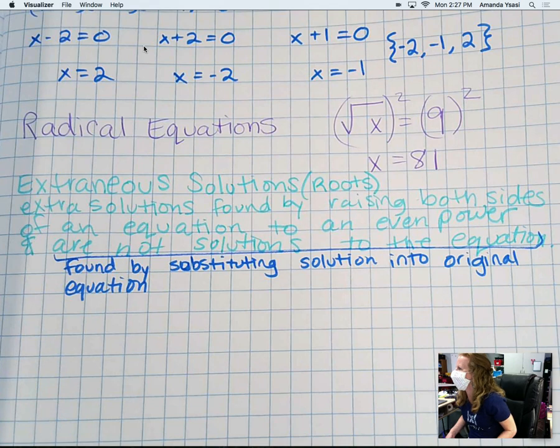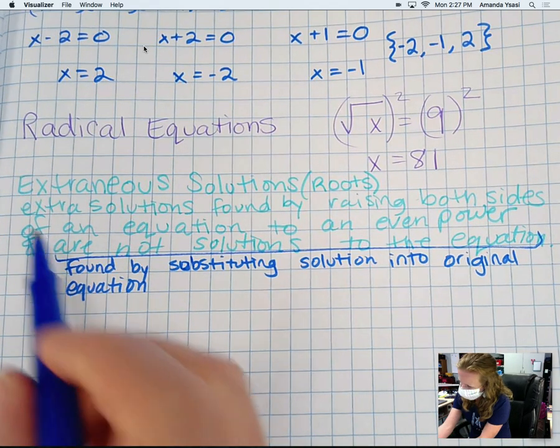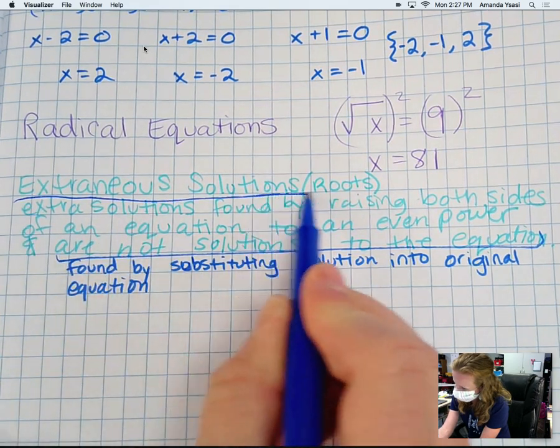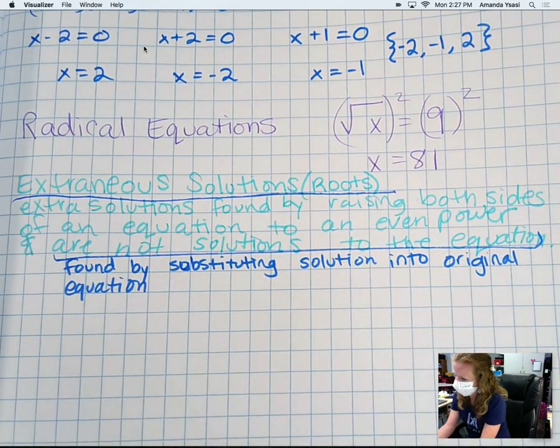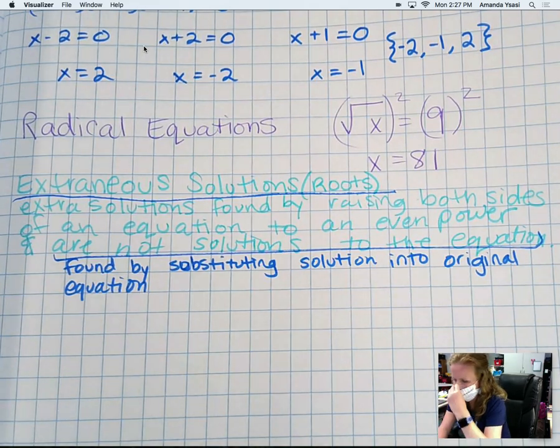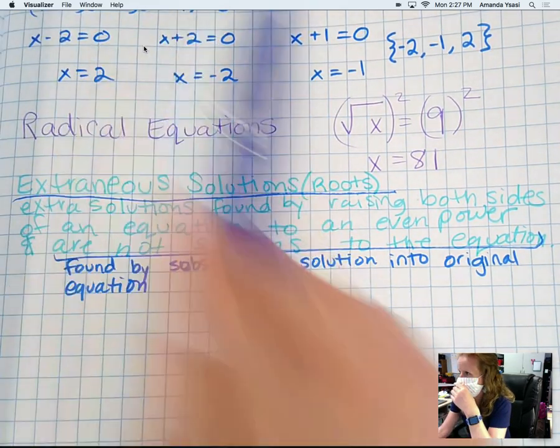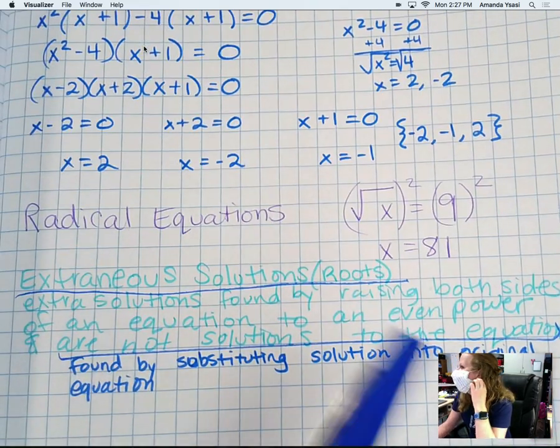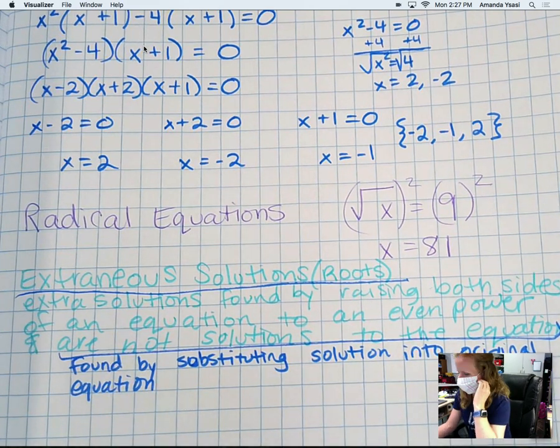Whenever you have radical equations, you could have some extraneous solutions. And in my instructions, my steps, I said to check, but we didn't actually check those. With radicals, we will definitely be checking those.